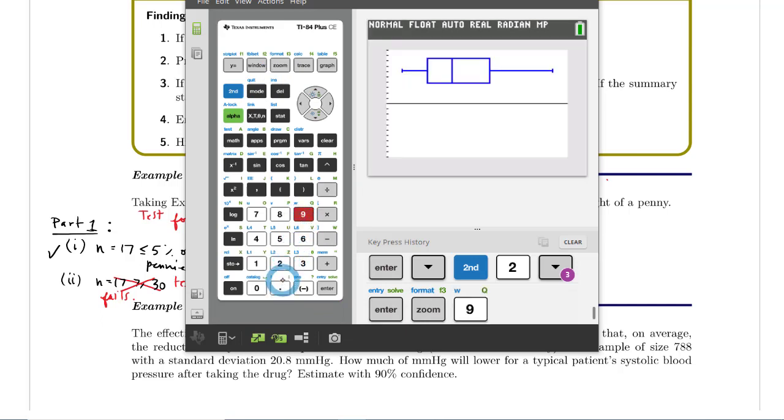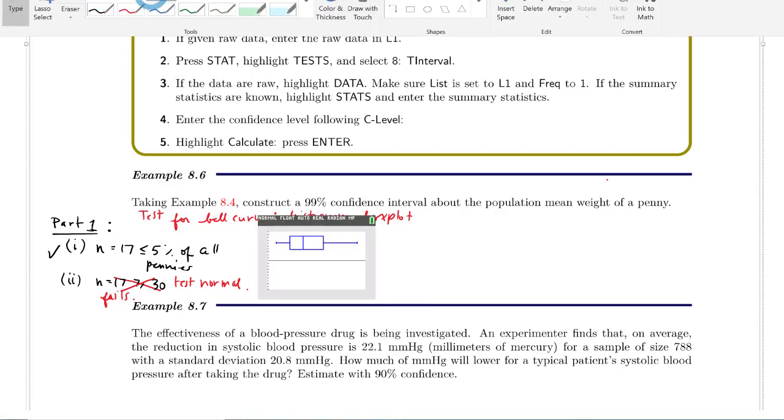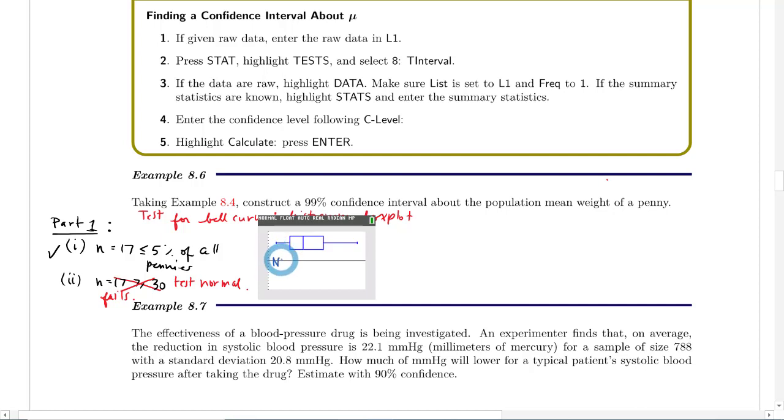Here, the box plot is nice because if the box plot shows no outliers, then we can assume normality. We can assume the data comes from a normal population. So I think the box plot is the best way to go in this case: do the box plot with the outliers, and if there are none, then we can just assume that the sample comes from a normal population.